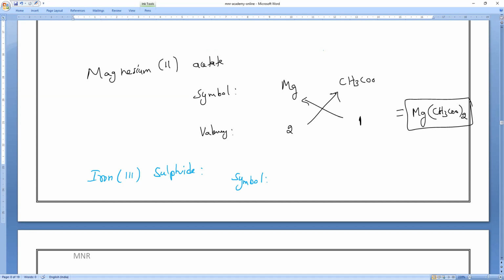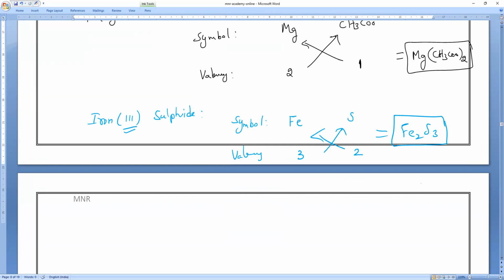So the valency of iron is now 3, not 2. Fe is the symbol of iron, sulfide is S. Sulfur valency is 2. So the formula is Fe2S3, iron 3 sulfide. Note it, everybody.